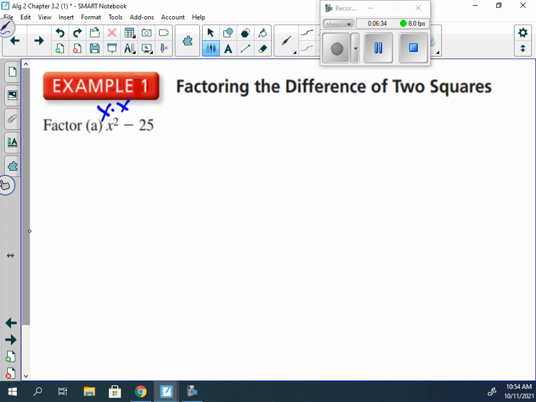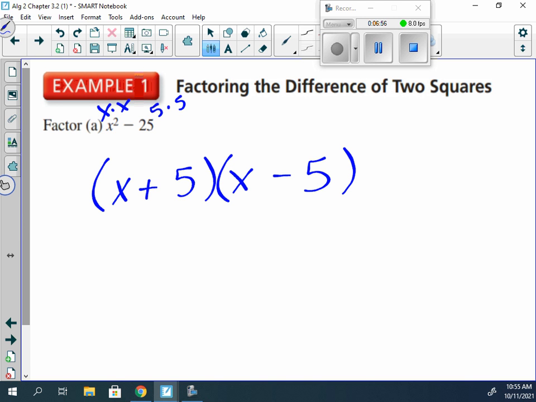Well, yes, 5 and 5, yes? And since they're being subtracted, this is a difference of perfect squares. So we would still have two sets of parentheses. The signs would be opposite. And that's it. It's a difference of perfect squares.